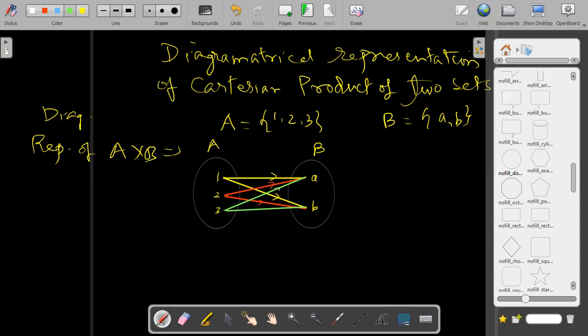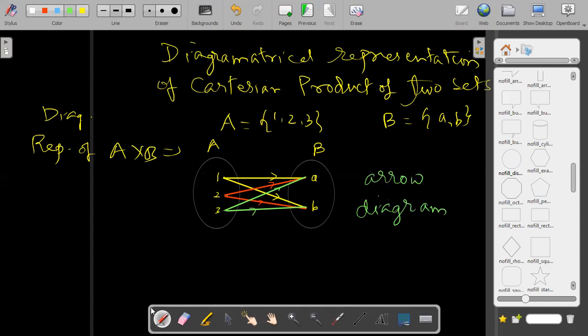So this is the diagrammatic representation of A cross B. Now we have some questions in which we have to represent them this way. This is called an arrow diagram. So tomorrow we will do some questions on this arrow diagram.